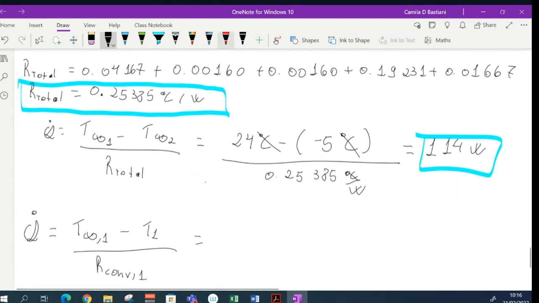I know the convection resistance, I know my temperature of the air and the rate of heat transfer. I can find my temperature 1. So my temperature 1 is going to be temperature of the air minus rate of heat transfer multiplied by my convection resistance.